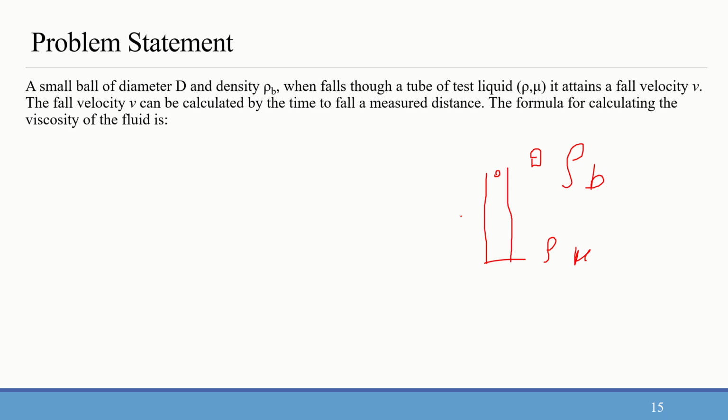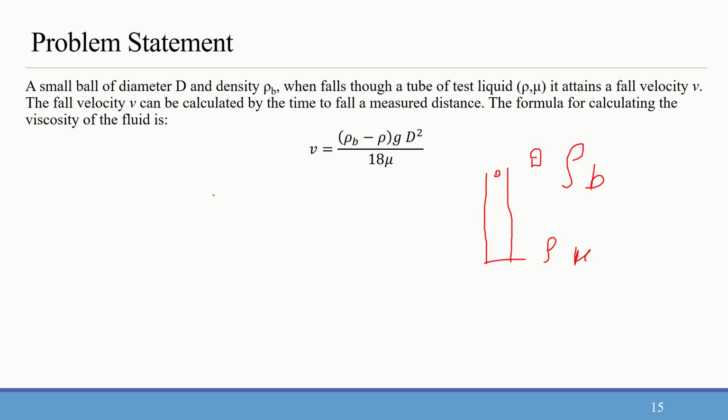and from that we can calculate the velocity. The formula for calculating the viscosity of the fluid is, here it is given, V is equal to rho b minus rho into g into d square by 18 mu. So basically this formula is the formula for the terminal settling velocity of a particle.